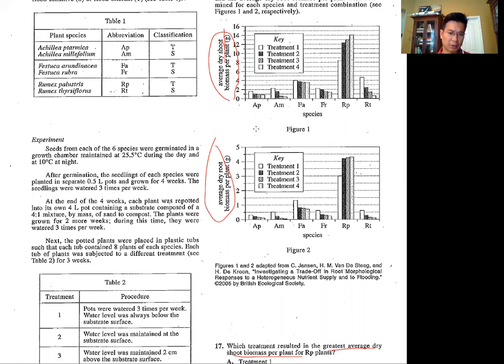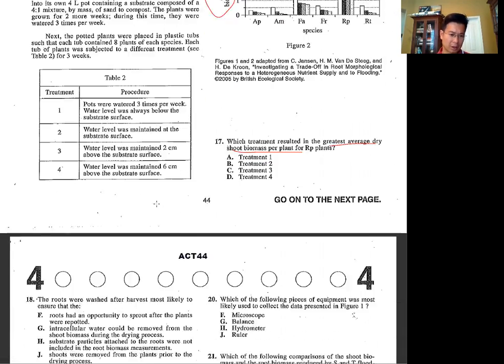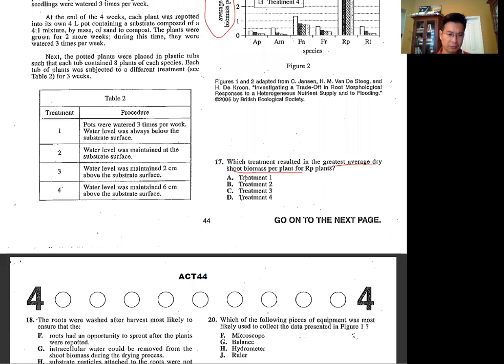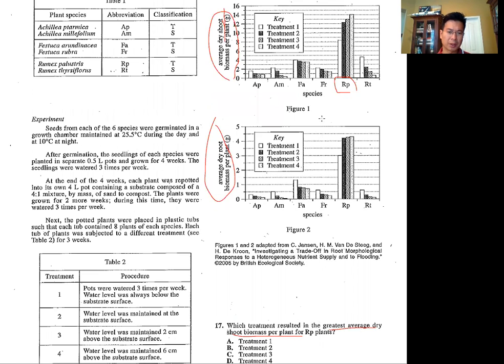We have to look at this figure 1. And then it says, which treatment? The lowest one, besides RP, is treatment 4. But which treatment results in the greatest average? Oh, RP plant. The greatest is treatment 4, yeah.